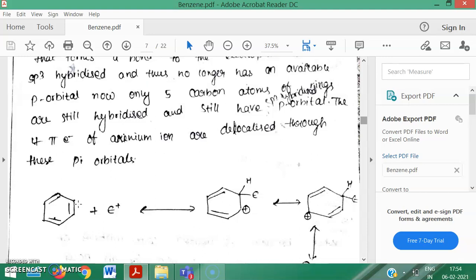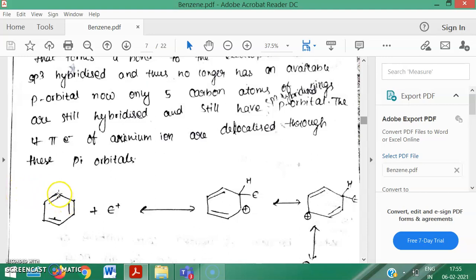One electron from the 2s is promoted into the p orbitals, giving 1s2, 2s1, 2p3. Then the 2s and two of the p orbitals undergo sp2 hybridization to form 3 sp2 hybridized orbitals, and they can form single bonds only: always a single bond with 1 hydrogen and single bonds with 2 carbons.